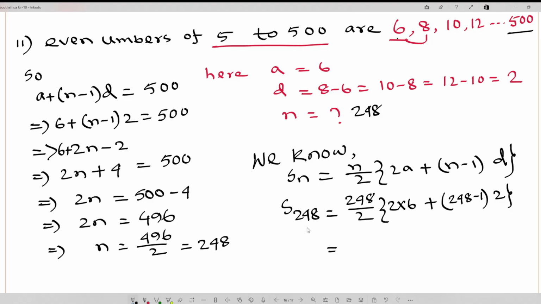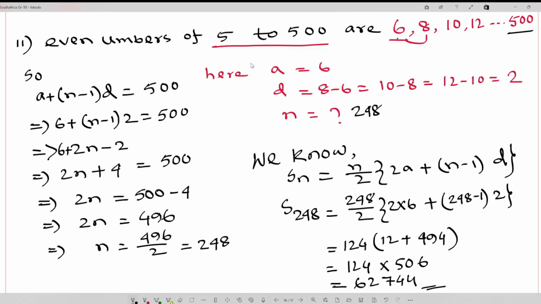First, 248 divided by 2 is 124. 2 times 6 is 12, plus 247 times 2, which is 494, plus 12 gives 506. Then 124 times 506, the result is 62,744.